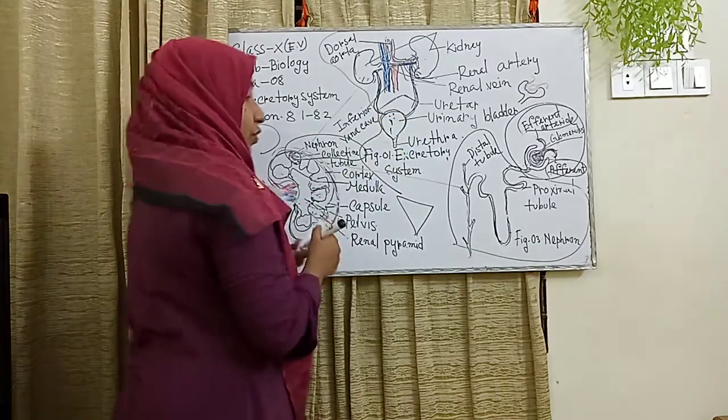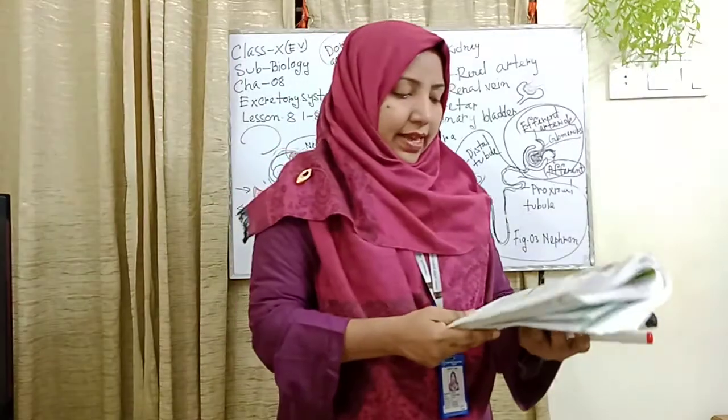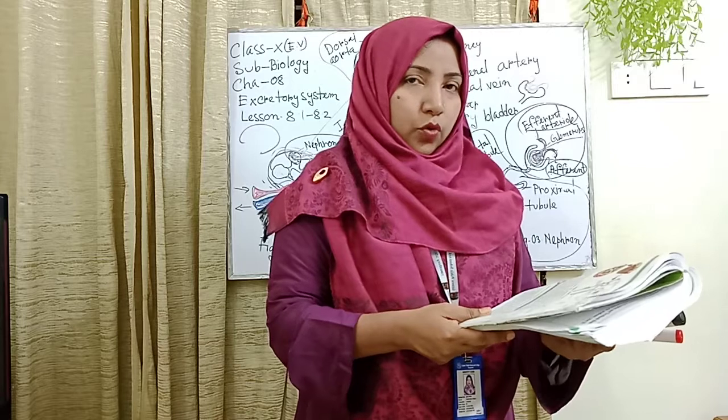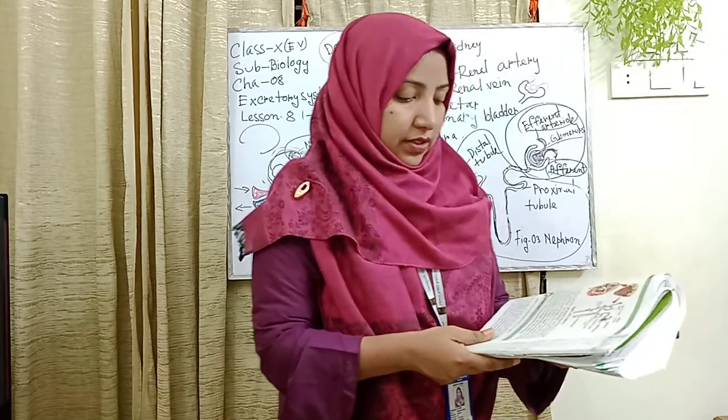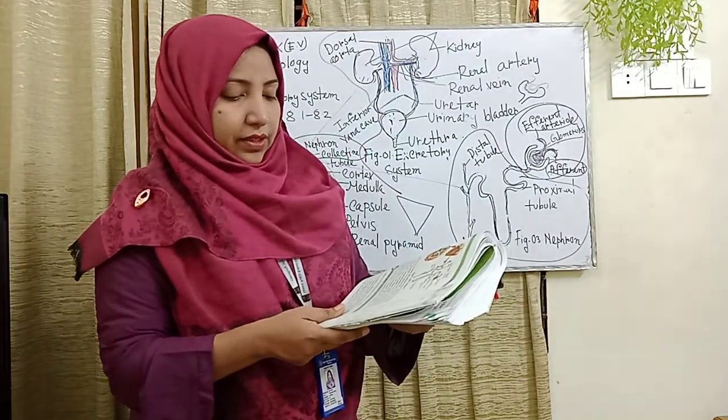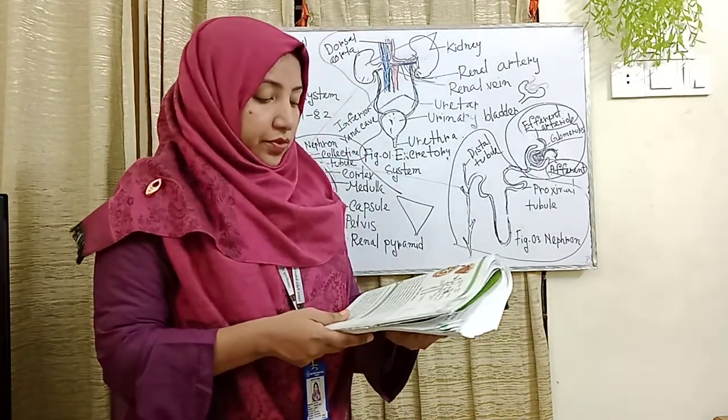The next structure is the renal tubule. These convoluted tubules are behind the Bowman's capsule.